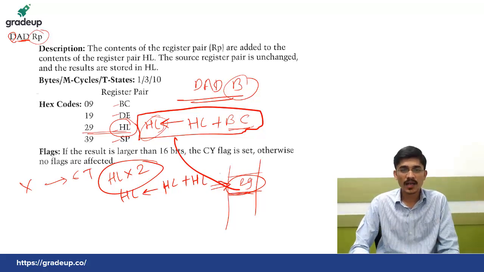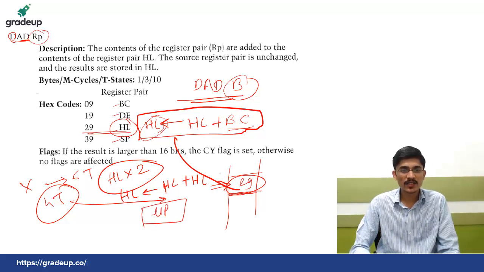But it will first require one opcode fetch machine cycle. So it will require 4 T states. Be alert that this opcode fetch requires 4 T states. The microprocessor has understood that it has to add the contents of the HL pair to the HL pair only.